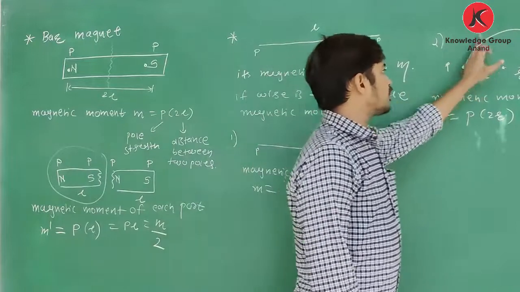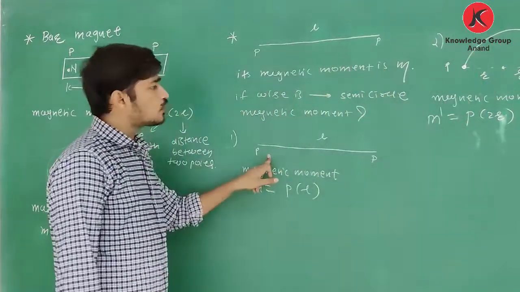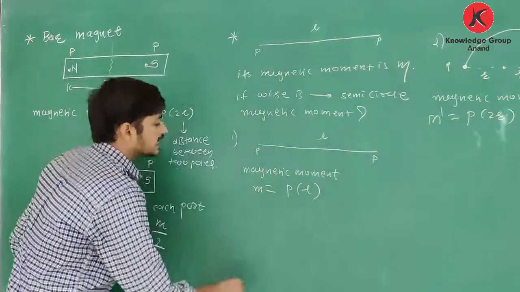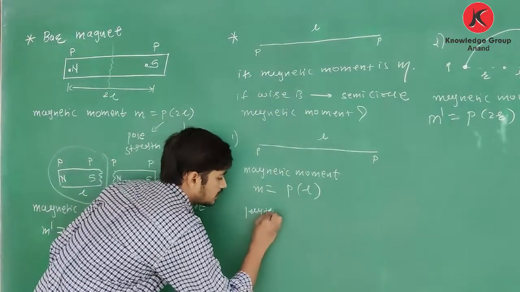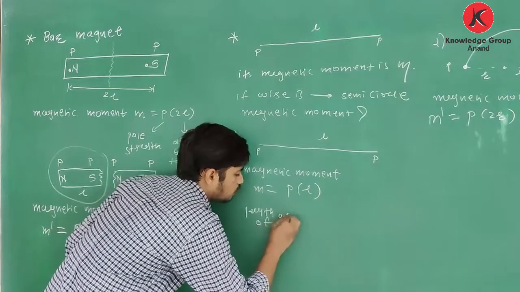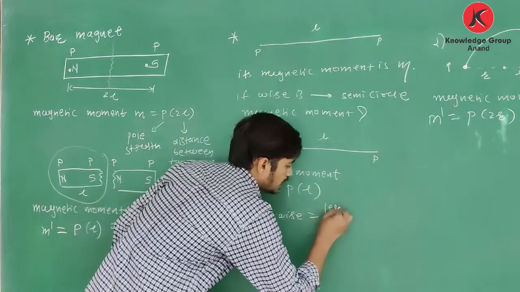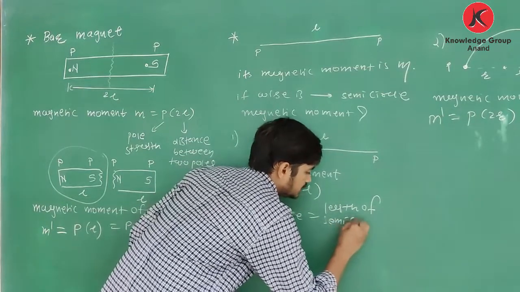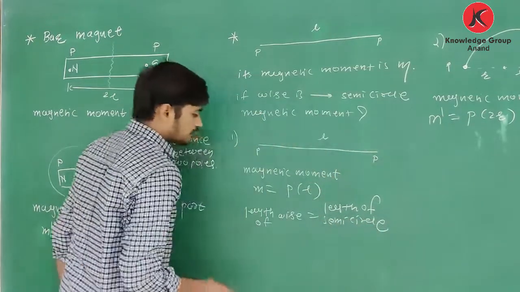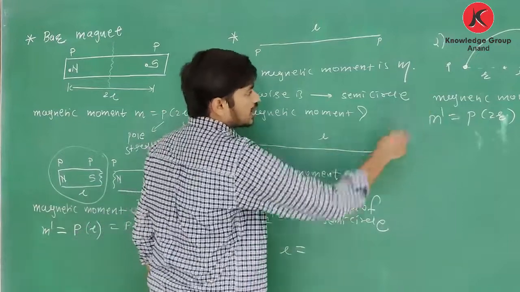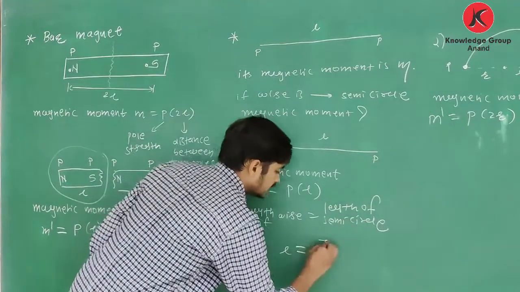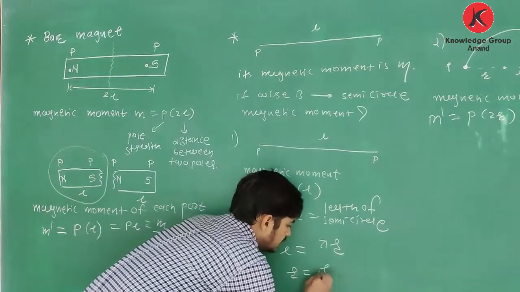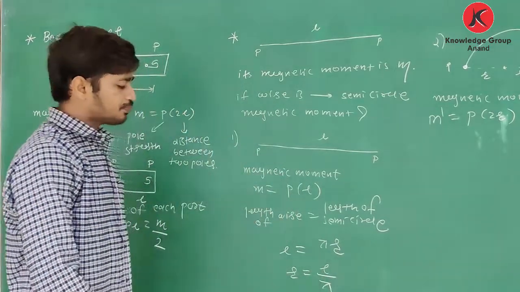This semicircular arc is made from this wire, so length of wire is equal to length of semicircle. The length of wire is L, and the length of a semicircle having radius R is pi R. So R is equal to L upon pi.